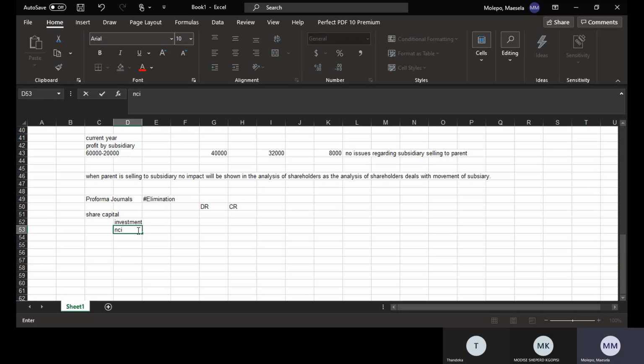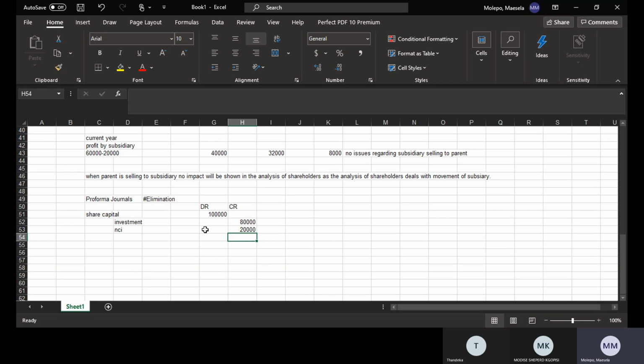I will just use the abbreviation so that we can save time. So we have the 100 from the share capital of the subsidiary. And then on the credit, it could be the 80,000, which was the investment that we purchased, and then the 20,000 for NCI as calculated.